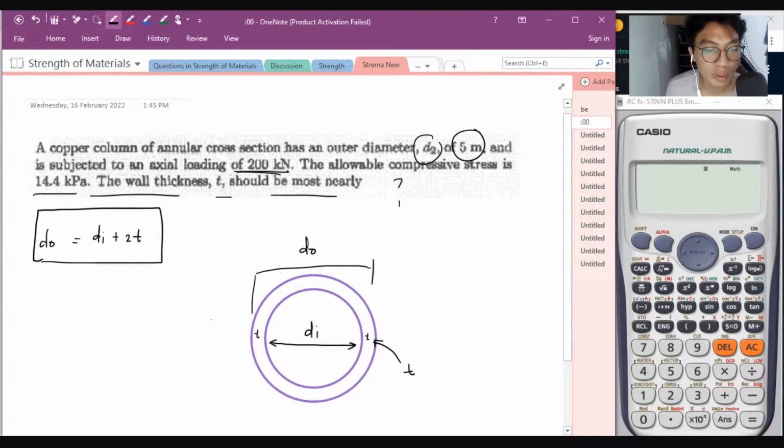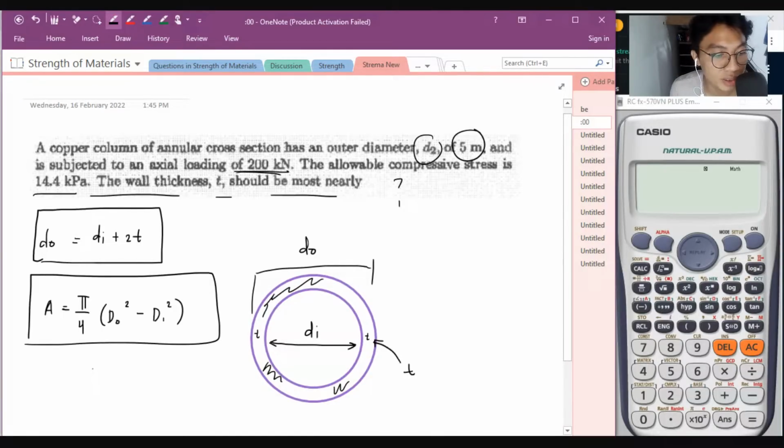Now, how will you get the area of the annular cross-section? The area of the annulus is equal to, okay? Ang kinukuha mong area dito, ito. Yan. So, that is equal to pi over 4 times (DO squared minus DI squared). Tandaan nyo to. For annular cross-section.